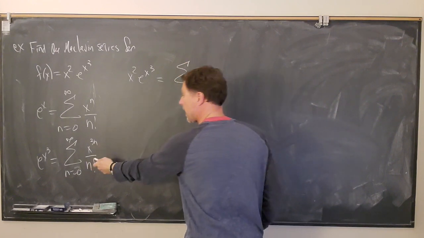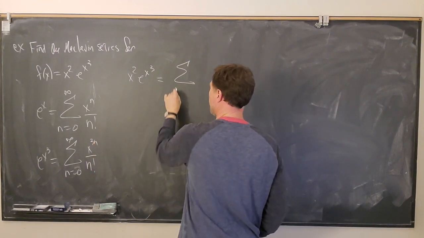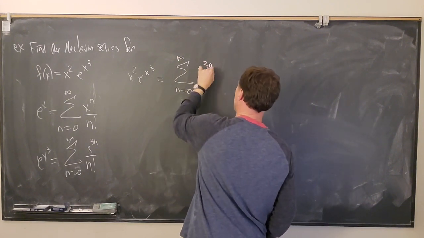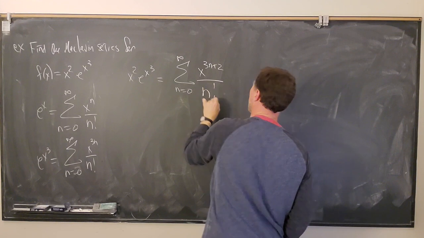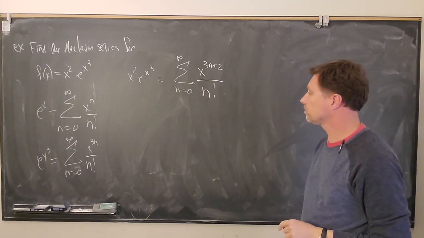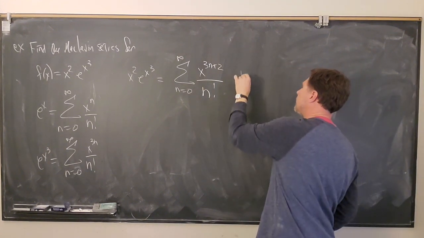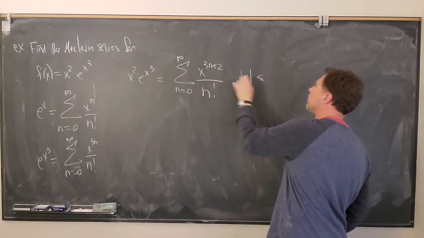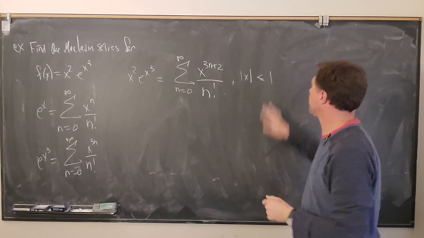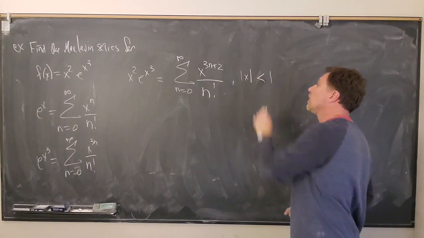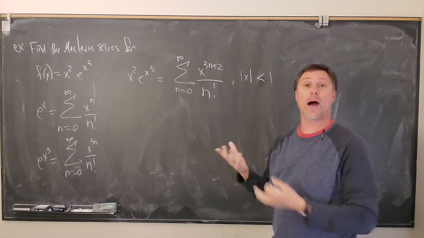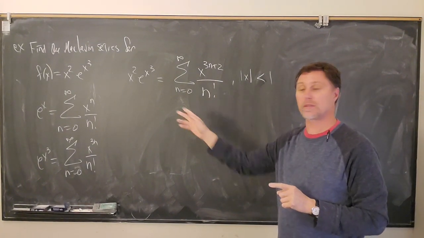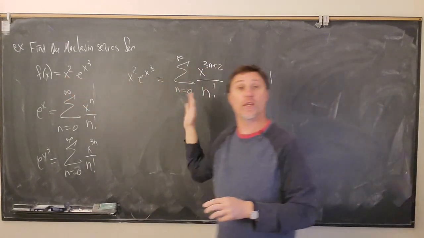If I multiply through by x squared, you just add exponents, it'll be sum n equals 0 to infinity, x to the 3n plus 2 divided by n factorial. All we did was a substitution, x cubed in place of x, and so still the radius of convergence is going to be strictly less than 1. So by starting off with our common Maclaurin series, we can do substitution, derivatives, antiderivatives, multiplying by x to the whatever power, to create new Maclaurin series.